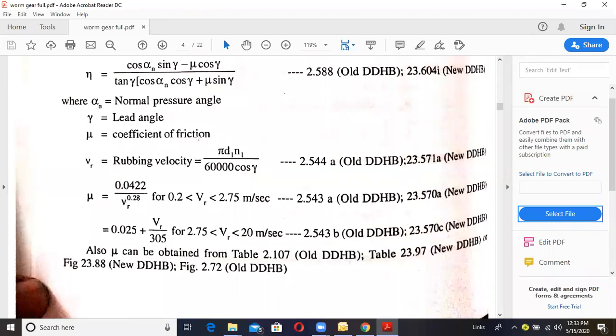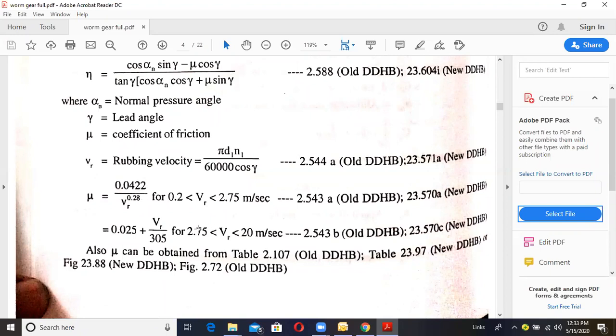Based on VR you are going to take the formula of mu. These are the two formulas from equation numbers 23.570A and 23.570C, based upon the rubbing velocity. If VR is greater than 0.2 and less than 2.75, this is the formula you are going to use.